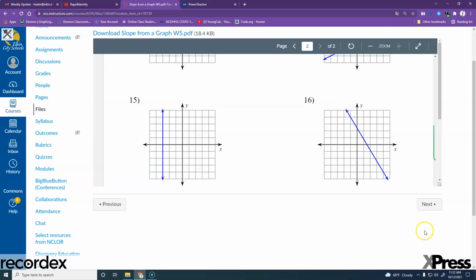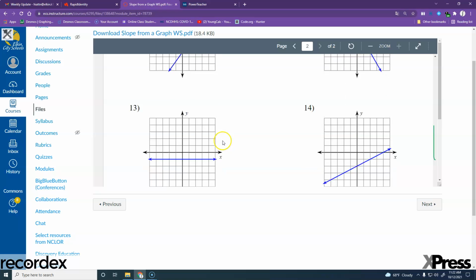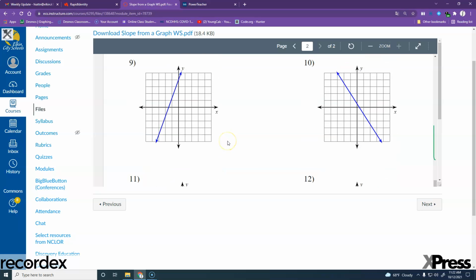16, negative. So one other thing you can do is you can kind of ignore the signs and just put the positive or negative on at the end. In fact, sometimes I just teach it that way. So, like for number 9, there's a point right here and a point right here.